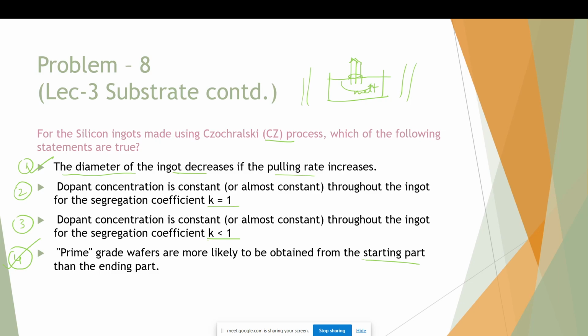So among these two, which one is correct? The dopant concentration is constant or almost constant throughout the ingot for the segregation coefficient. Option 3. So the dopant concentration is constant throughout the ingot for K less than 1. Why are you saying that?